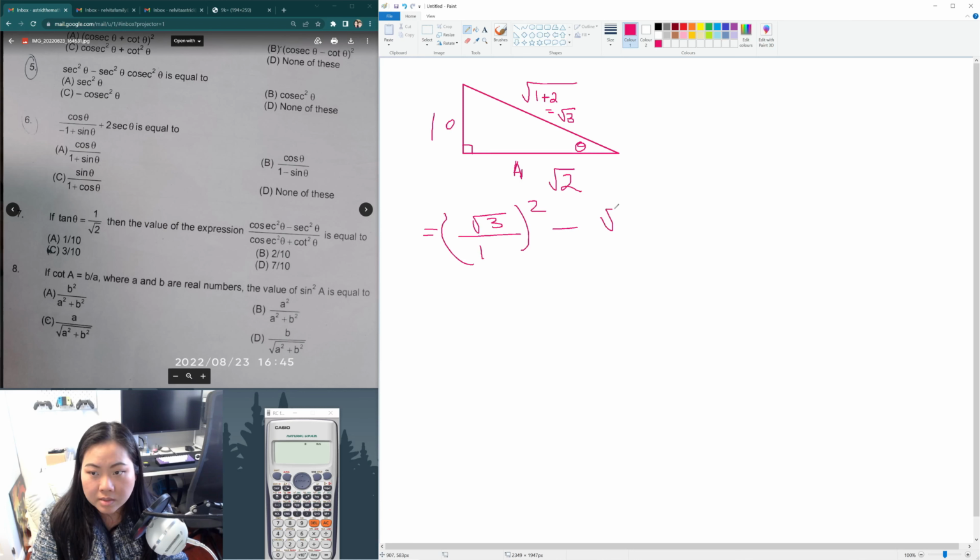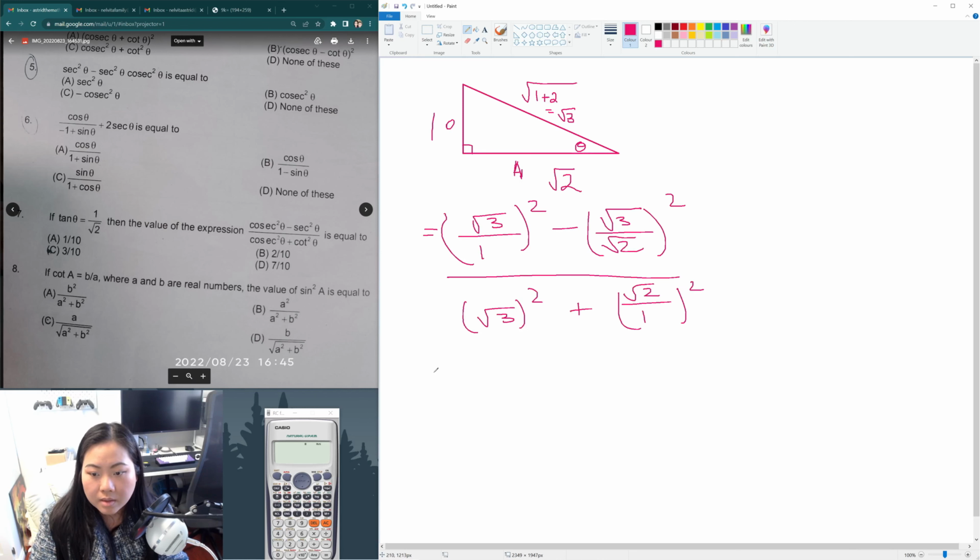So now it is hypotenuse over adjacent all squared, over cosec, the same thing again, and cot would be adjacent over opposite. So it is adjacent over opposite all squared.